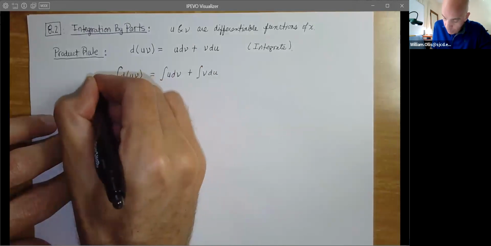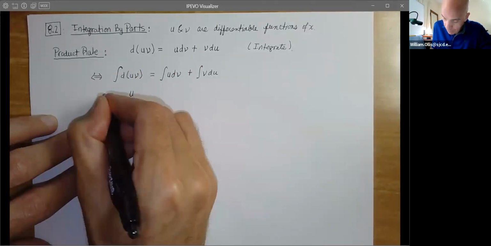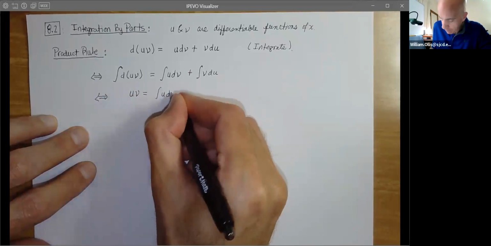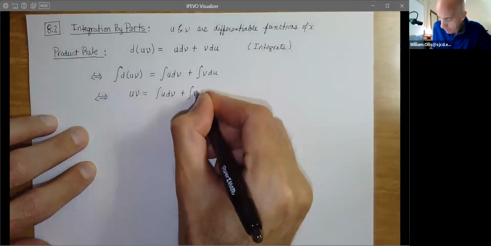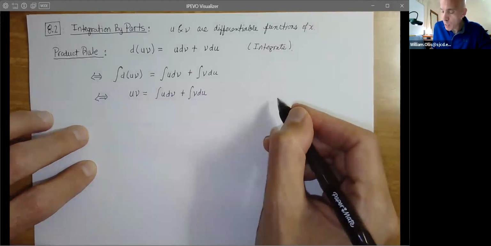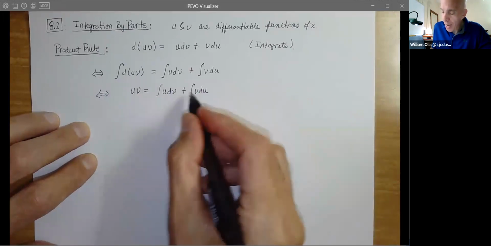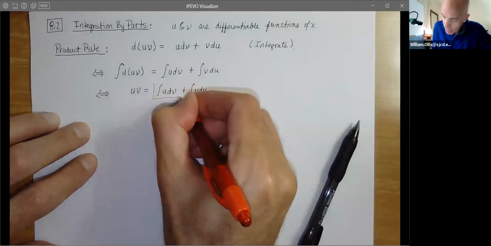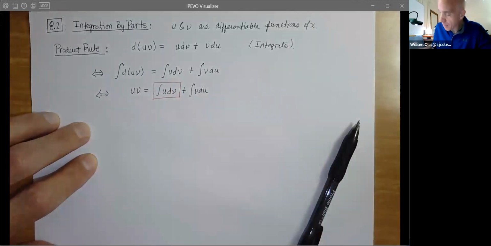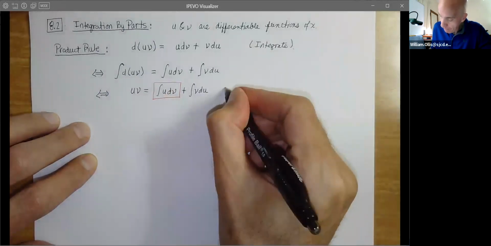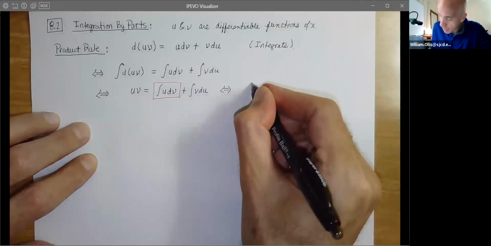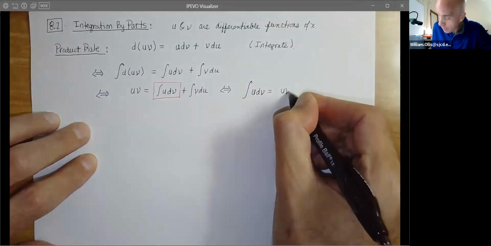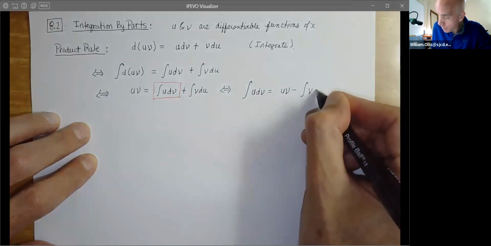So these are all equivalent. And now what's preferable here is to actually isolate the u dv. That's the standard technique here. So we want to isolate that. So this will give us the integral of u dv equals uv minus the integral of v du.